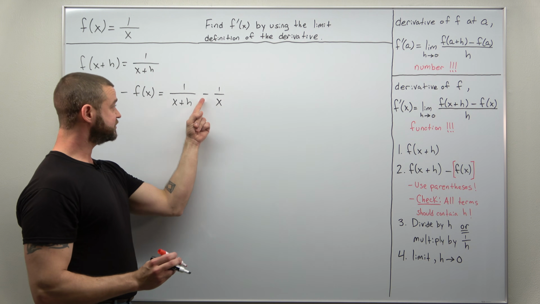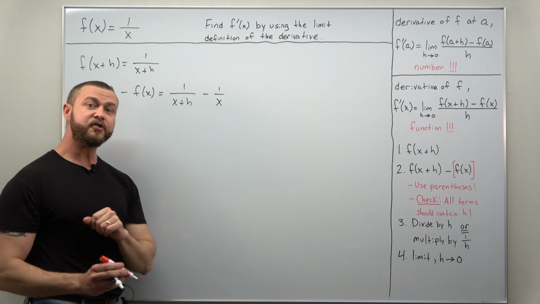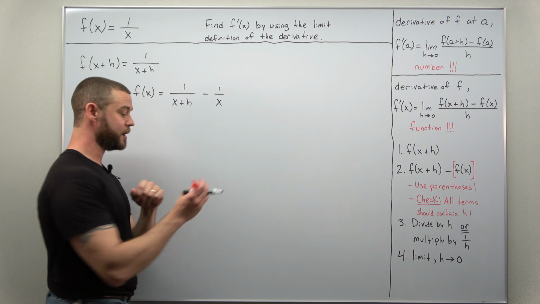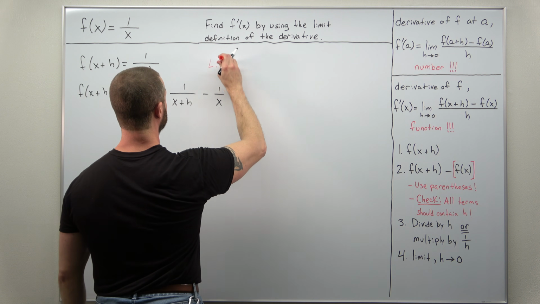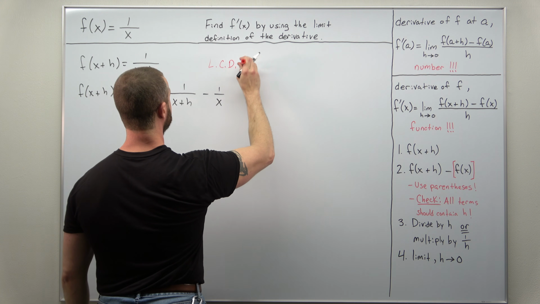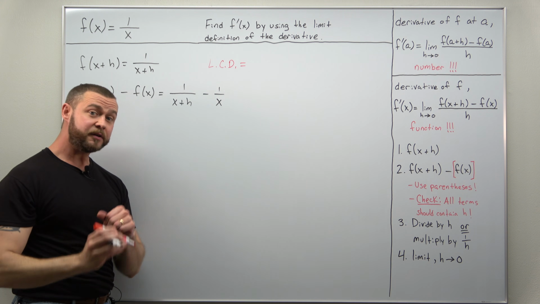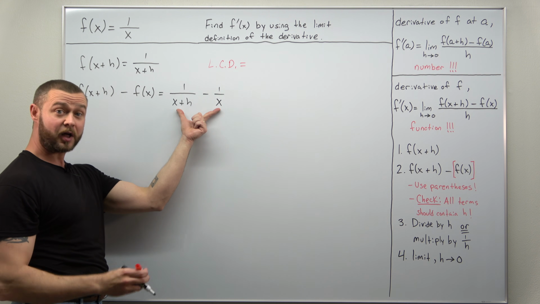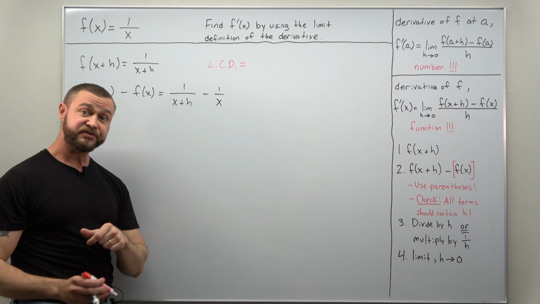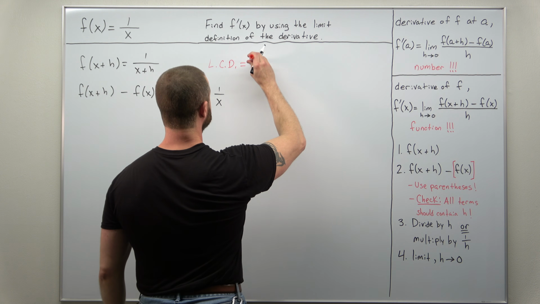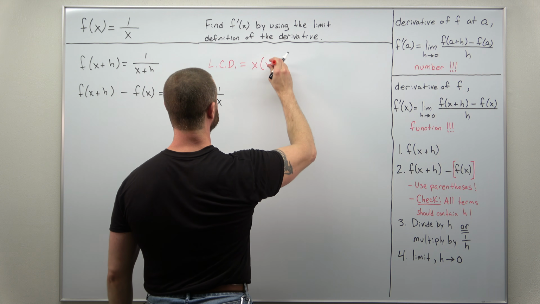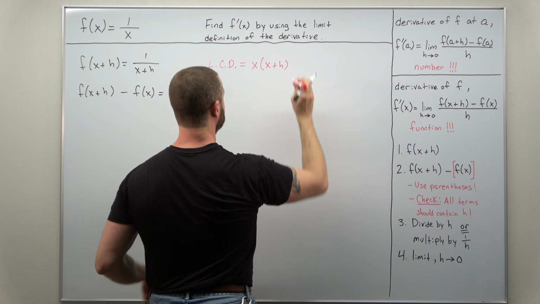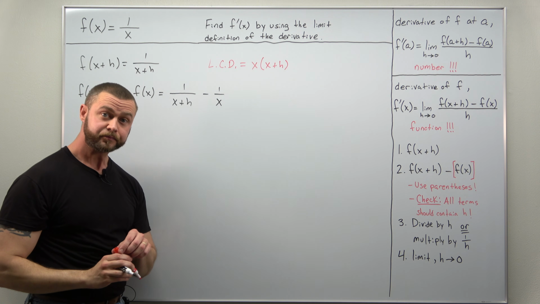All right, so to subtract these two fractions, let's use a least common denominator. And a common denominator, that's quite often the least common denominator, is just multiplying your two denominators here. So our LCD here is going to be x times x plus h.